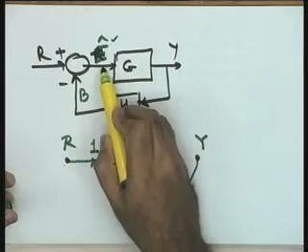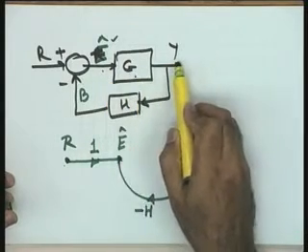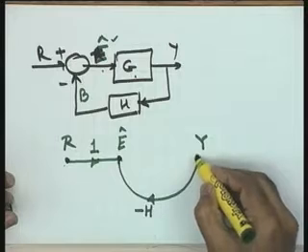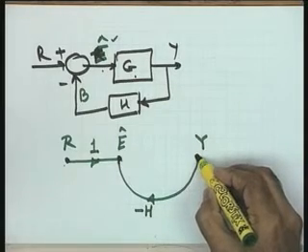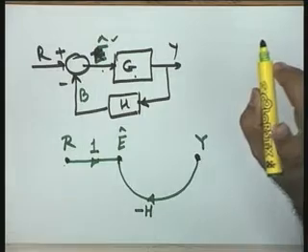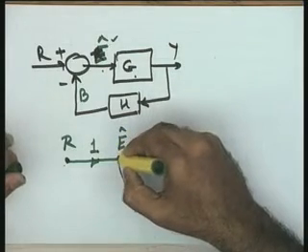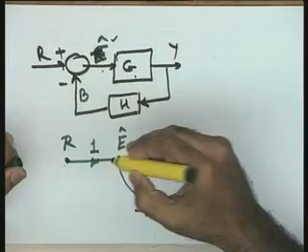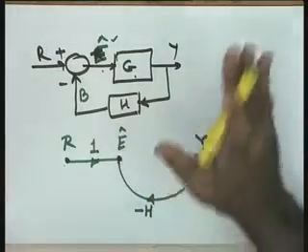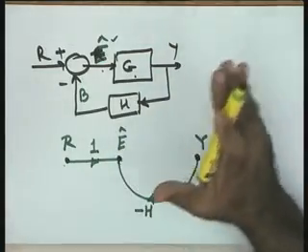Now, this E cap multiplied by G gives you the value of Y. So, what is this node variable? The node variable Y is equal to all the incoming signals. This point may please be noted. When you define a node variable, the value of the node variable is equal to the algebraic sum of all the incoming signals.